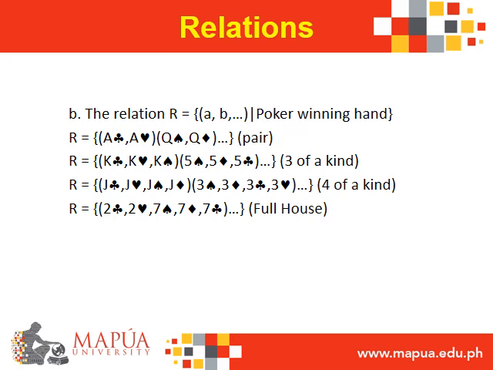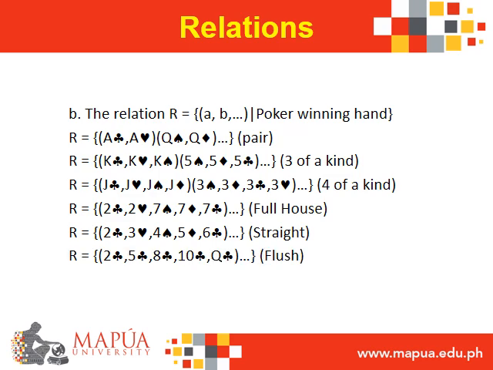This time you end up with a straight, whereby you have sequentially ordered cards in terms of value, and a flush, whereby you have five cards that all belong to the same suit, or a straight flush, whereby you have sequentially ordered cards that all belong to the same suit.